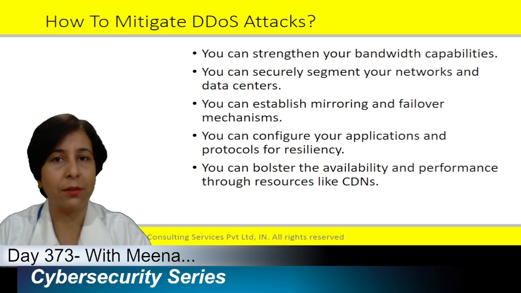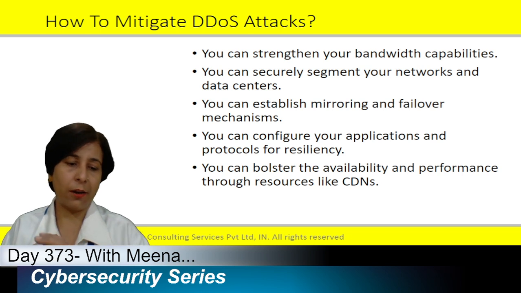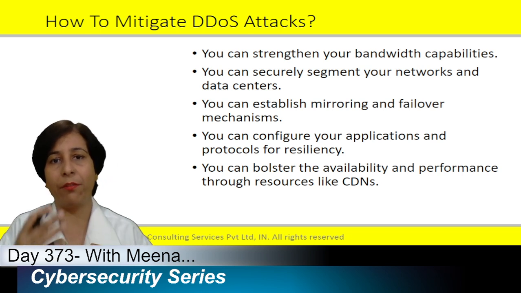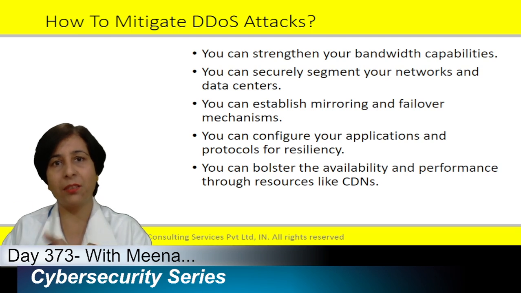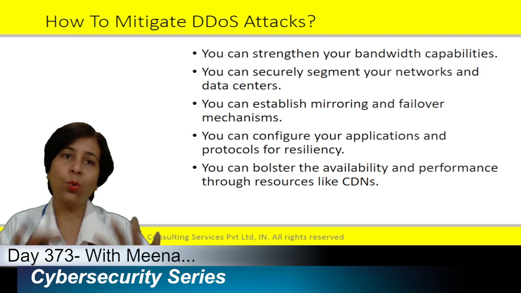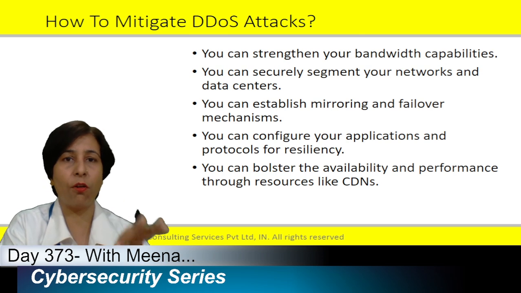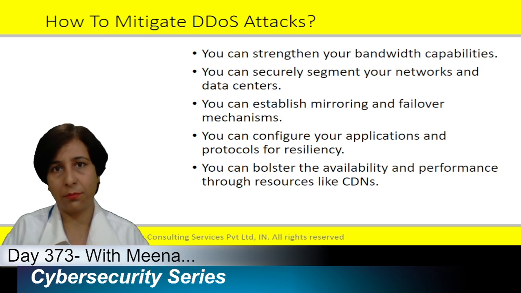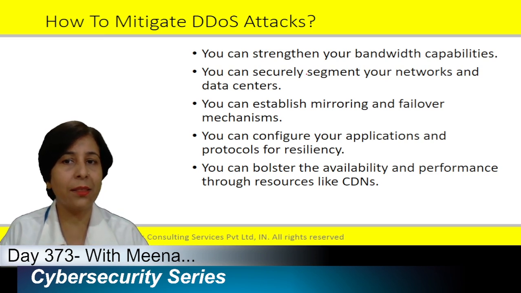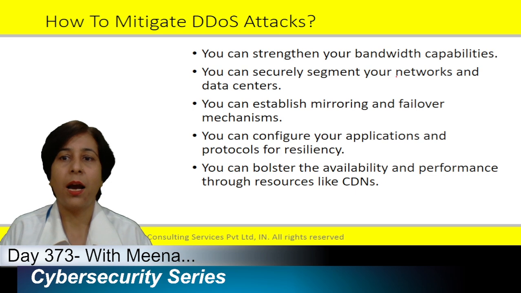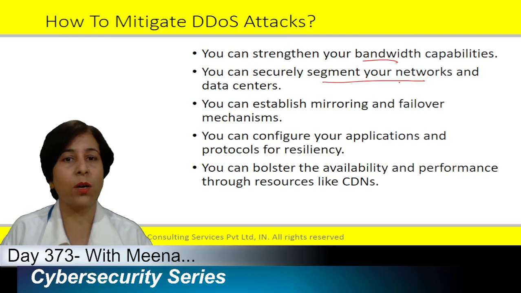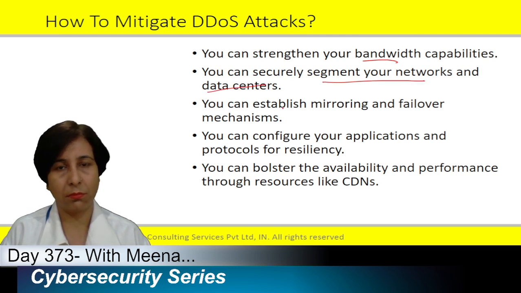Now, how do we control that? First of all, since hackers try to consume the bandwidth, we must have enough capacity to handle different kinds of requests coming from different areas. So strengthen your bandwidth. Another thing you can do is segment your networks or data centers.